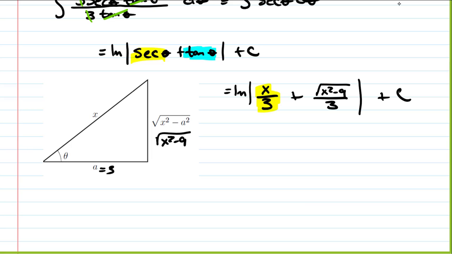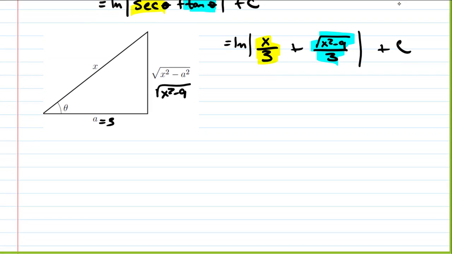So this is a quote-unquote form of the correct answer. If you were to ask Wolfram Alpha or Maple or something else, they're going to simplify this down a bit. This is a perfectly good answer. Maple will take it, but we have a common factor of 1/3 in there, right? So we have the natural logarithm of 1/3 times x plus the square root of x squared minus 9, plus c, but then we have a product inside of our logarithm.